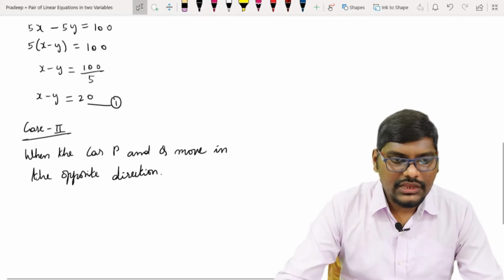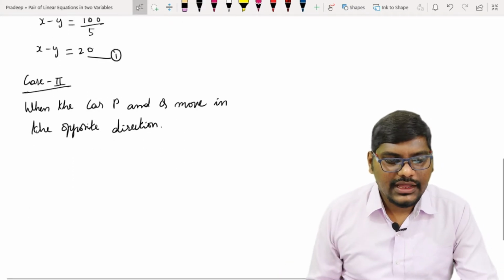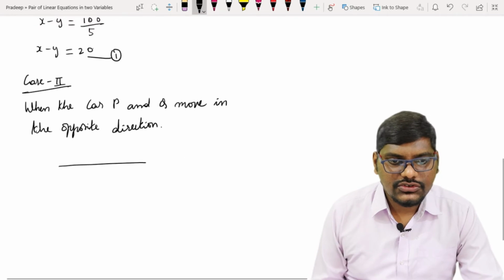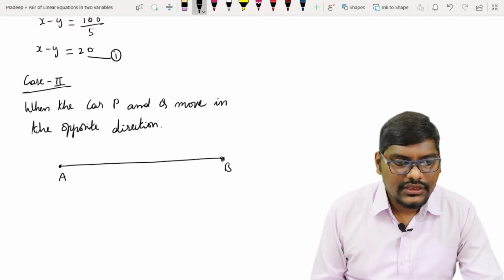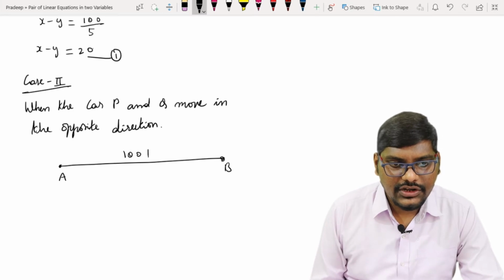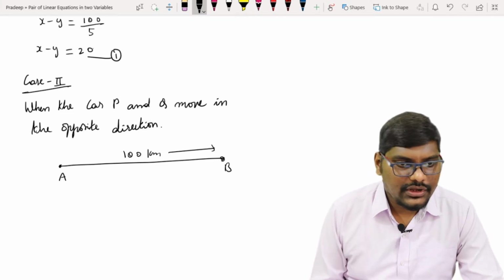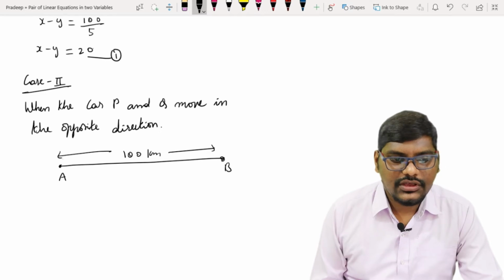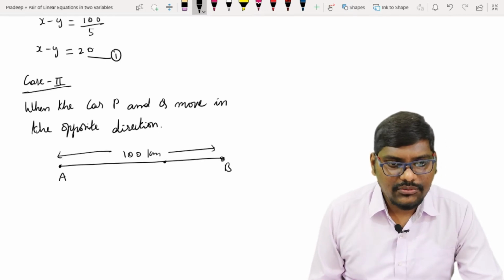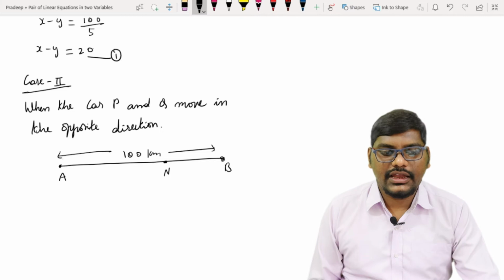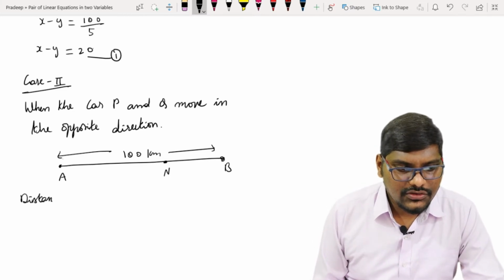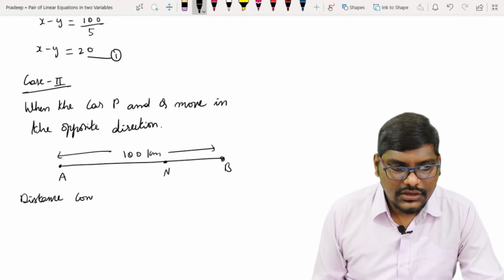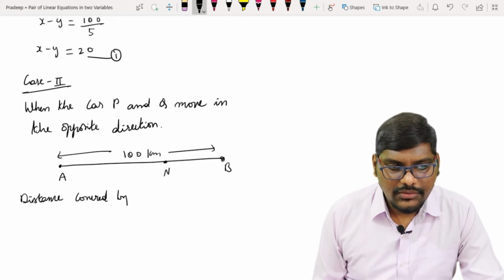Okay, so we'll even make the figure for clarity. Suppose this is point B and this is point A, the distance is how much? 100 kilometers apart, the points A and B, whereas they are meeting at a certain point. Let's say they are meeting at N. So this also we'll write: distance covered by P in how much?